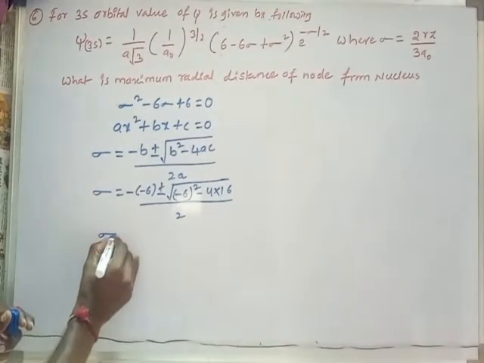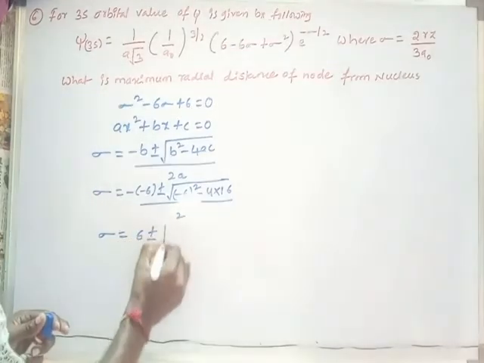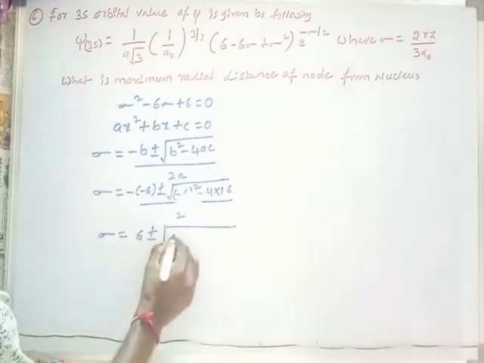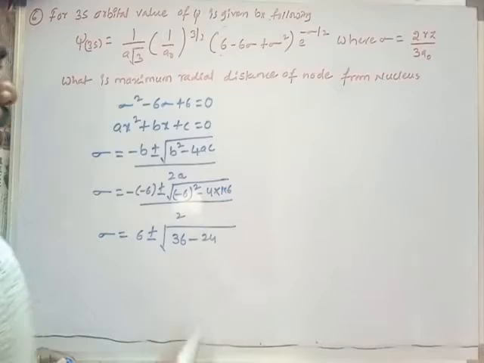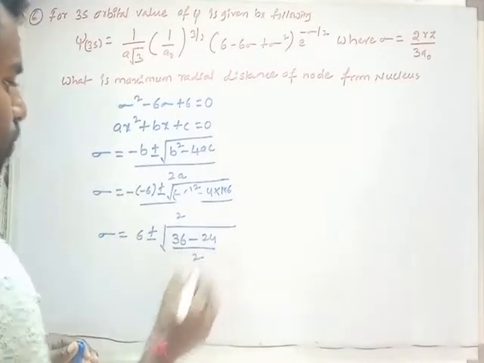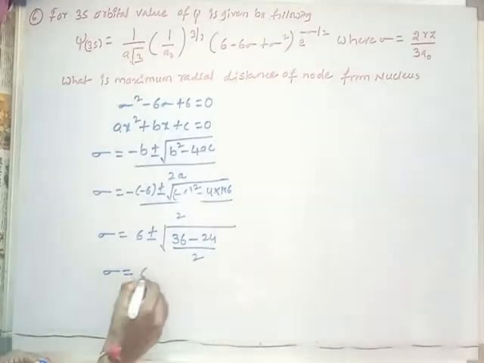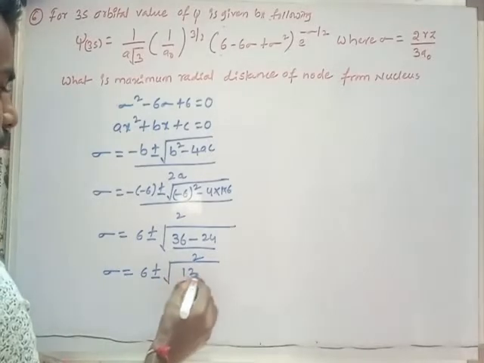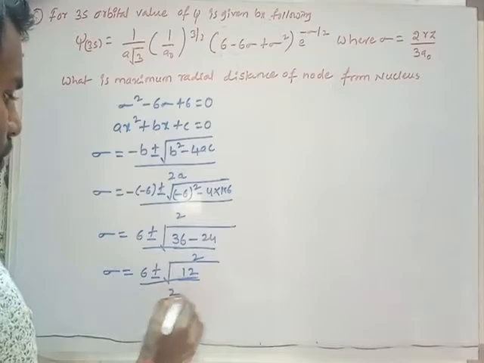Now from that, sigma equal to minus into minus plus 6 plus or minus under root minus 6 to the power of 2 means we can write 36 minus 24. 24 into 6, 24 by 2. 36 minus 24 we can write 12. Sigma equal to 6 plus or minus under root 12 by what we can write, 2.